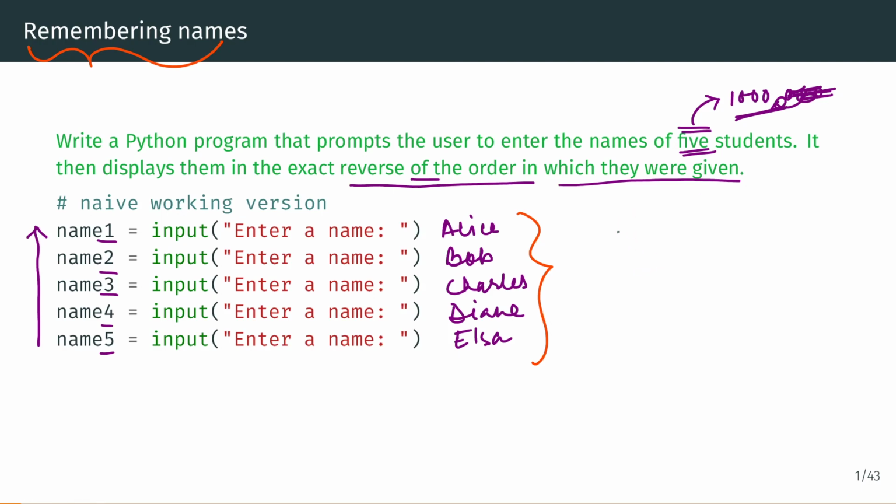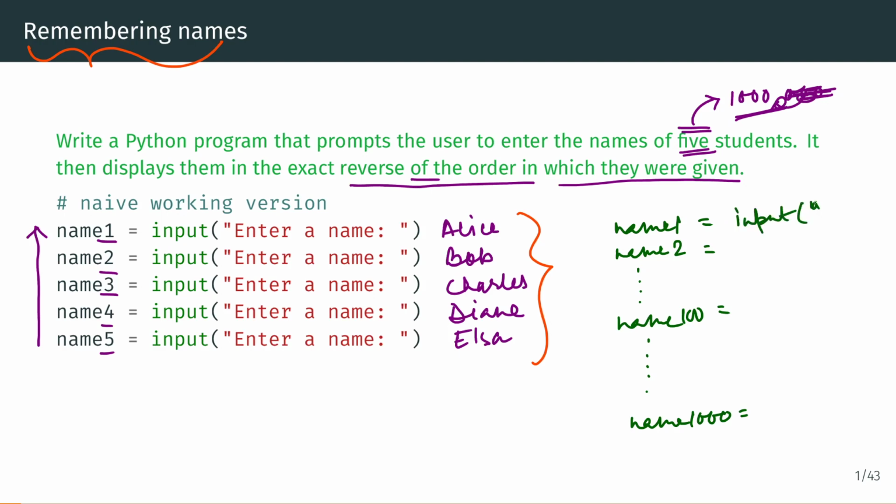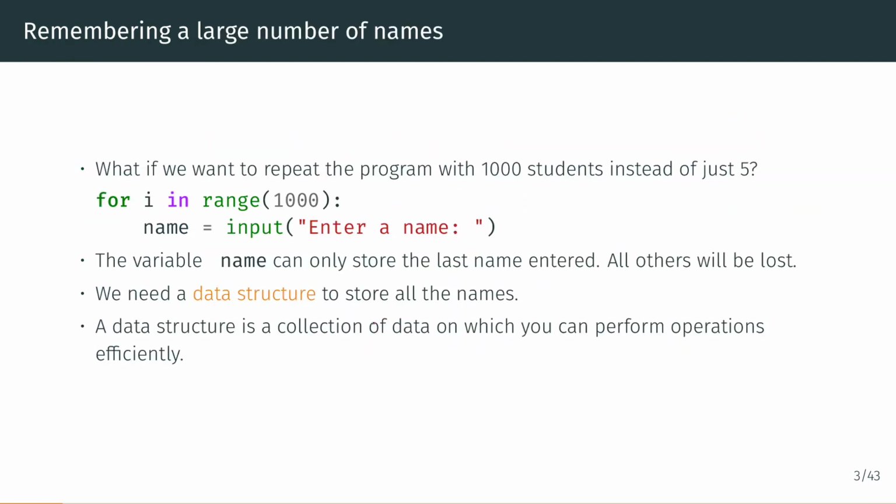So it'll look like name 1, name 2, and keep going, name 100, and keep going, and then name 1,000. You'll have all these variables, and for each of them you'd have an input, enter name. That's the problem with this relatively naive approach.